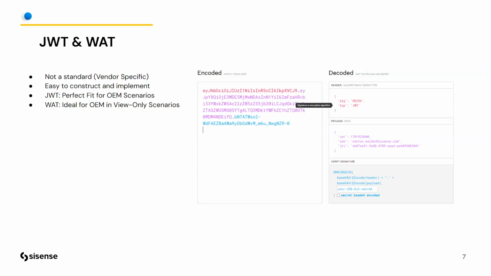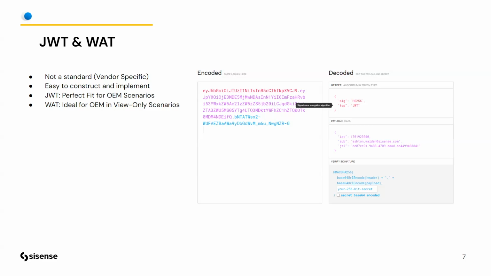A JWT just stands for JSON Web Token. And you can see here, I've decoded one of my Sisense JWT tokens, where all it contains is basically that sub line, which is my email, a Unix timestamp, that IAT, which is when it was created, and then a random JTI, so that's a random string that prevents replay attacks. But that payload can be any JSON.